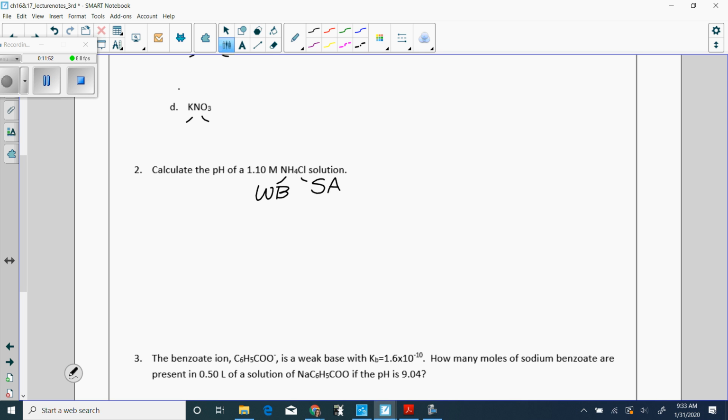There's a huge list of that dinosaur. All those Cus have weird names. It doesn't really matter. It's just that you can recognize that it's a weak base. So that means that this is going to be acidic. And I need to solve for Ka, A for acid. And that's the first thing I'm going to do.